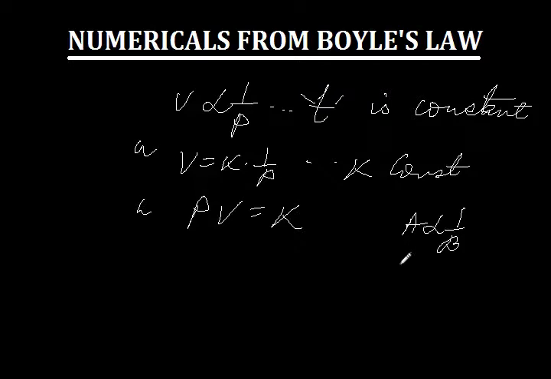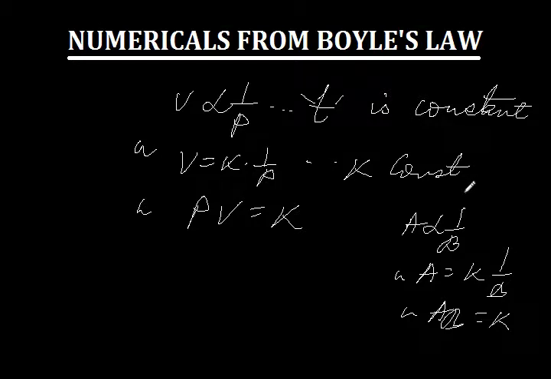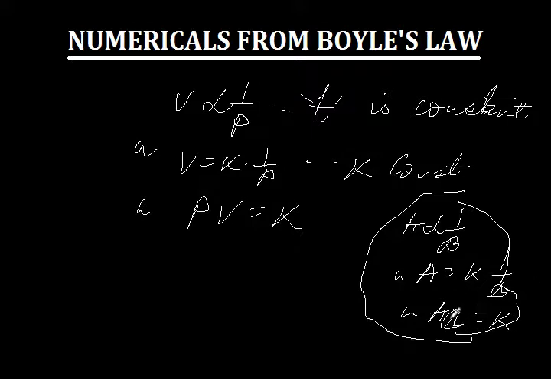From mathematics, we have already known that if A is proportional to 1 by B, that is A is inversely proportional to B, or A equal to K into 1 by B, or AB equal to K. So keep in your mind for all your life that if two quantities are inversely proportional, then their product will always be constant.